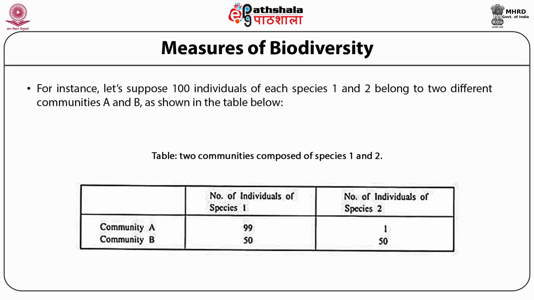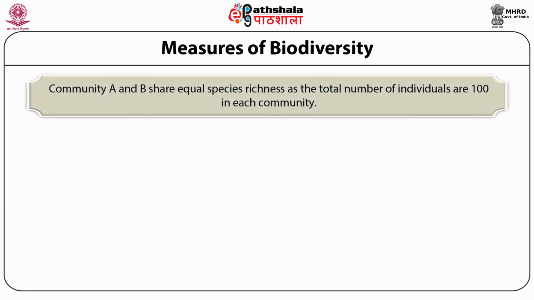For instance, let's suppose 100 individuals of each of species 1 and 2 belong to different communities A and B, as shown in the table below. Communities A and B share equal species richness, as the total number of individuals is 100 in each community.